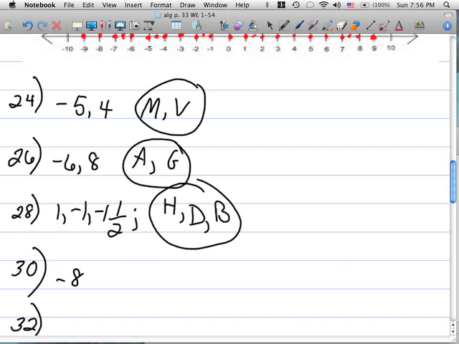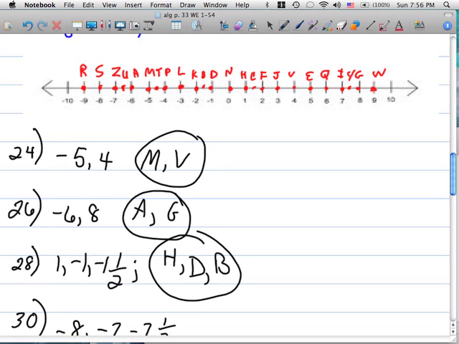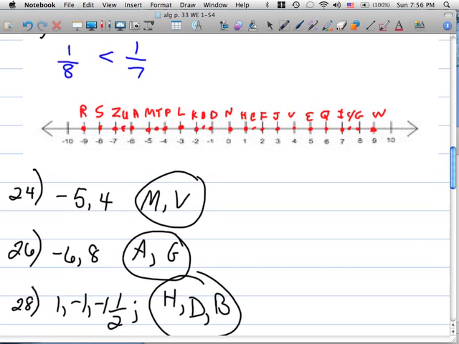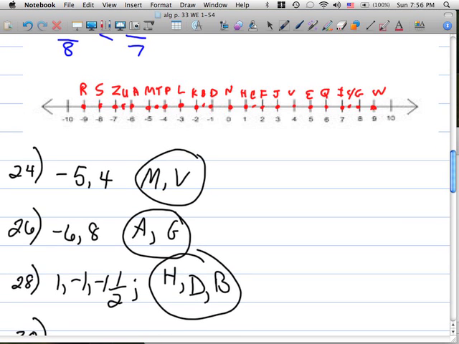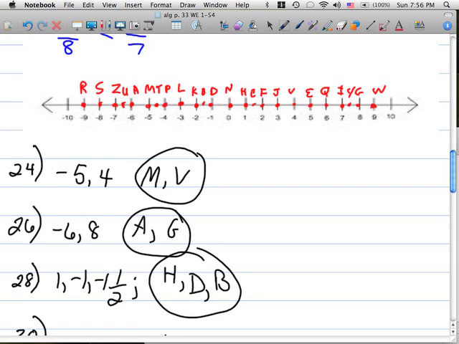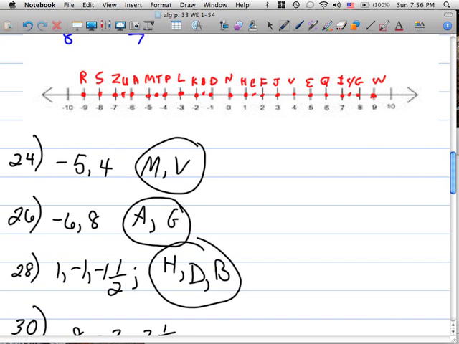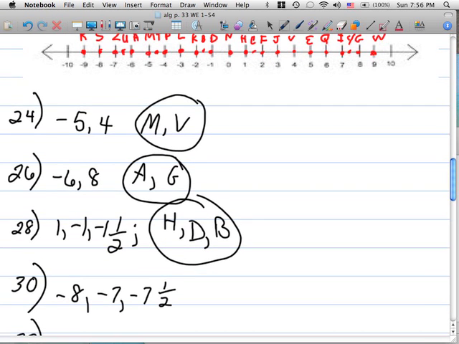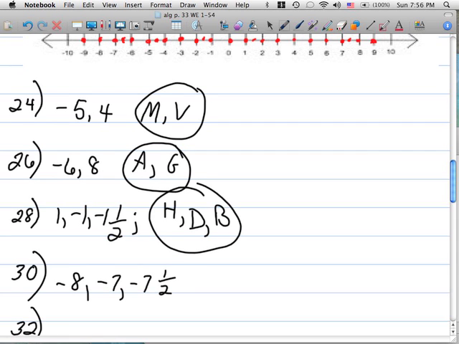Problem number 30, we have -8, -7, and -7 and 1/2. The point for -8 is S. -8 is right here, and that's S. Keeps moving up.